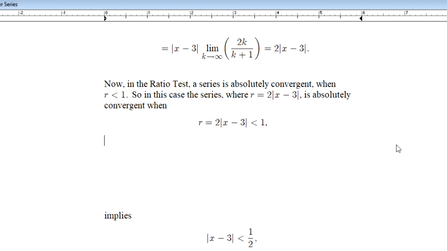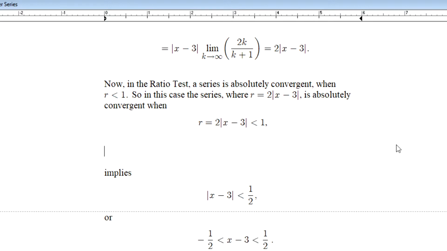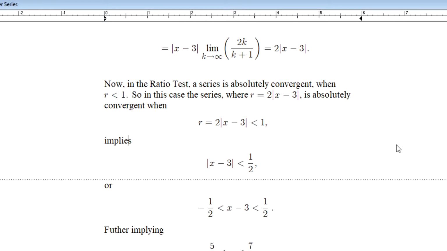Which does have some implication. If we divide both sides of that inequality by 2, that will imply that the absolute value of x minus 3 must be less than 1/2. If I now apply my understanding of solving absolute value inequalities, this argument x minus 3 inside the absolute value symbol must be between negative 1/2 and positive 1/2 in value.